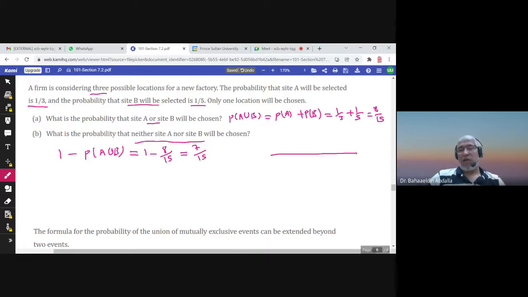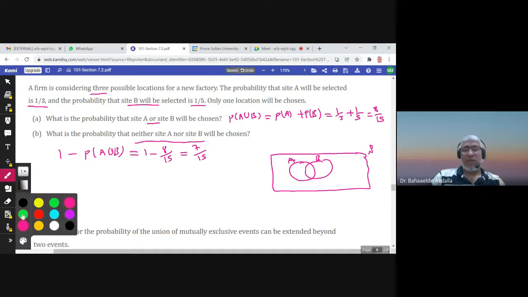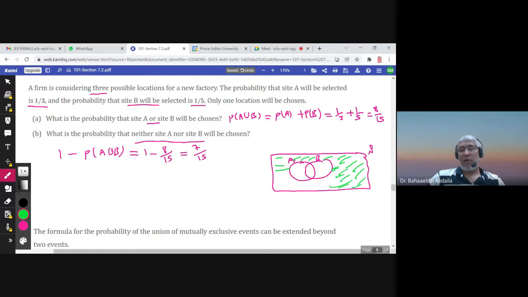So in general, if this is a sample space and this is A and this is B, neither nor means everything here outside A union B, okay, outside A union B. So this is neither nor.